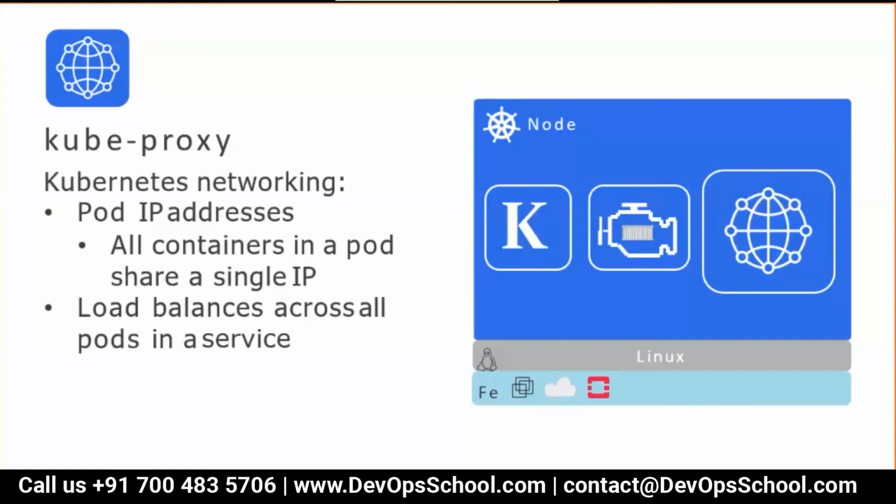Now because of this, load balancing can also happen. Why? Think about it. Because the pod gets the IP address, not the container. You get the pod IP address, so you can access the container. And because of that, load balancing also works. How come?